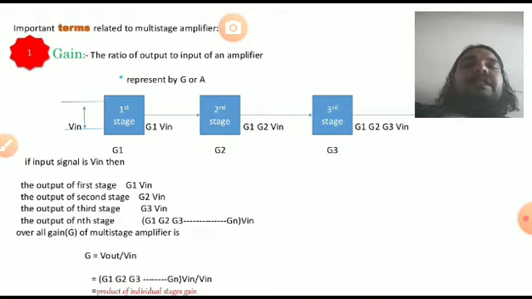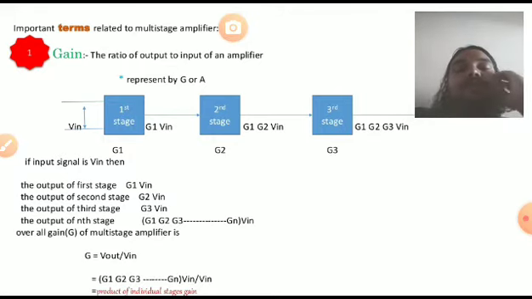If the input signal is Vin, then the output of the first stage is G1 Vin, the output of the second stage is G2 Vin, the output of the third stage is G3 Vin, and the output of the nth stage is G1, G2, G3 up to Gn into Vin.